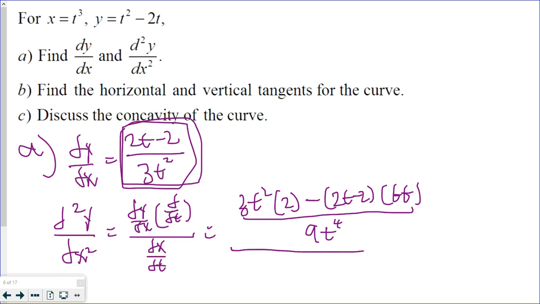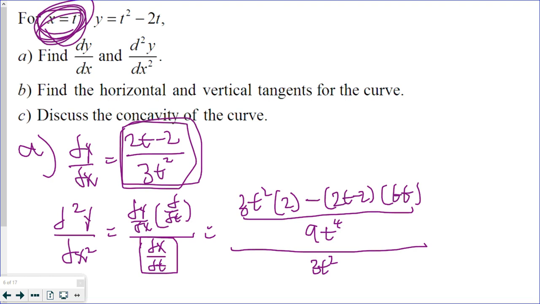So that's the second derivative of what I found, divided by dx over dt. Oh, I'm sorry. We already found that the derivative of the x equation is 3t squared. I apologize. So this means the derivative of the x equation.